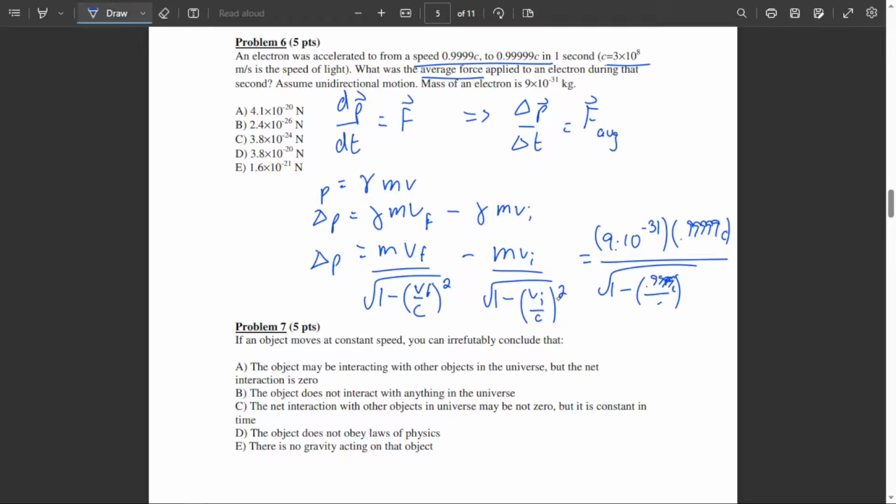0.99999 c over c squared. This is just the first half of the change in momentum.